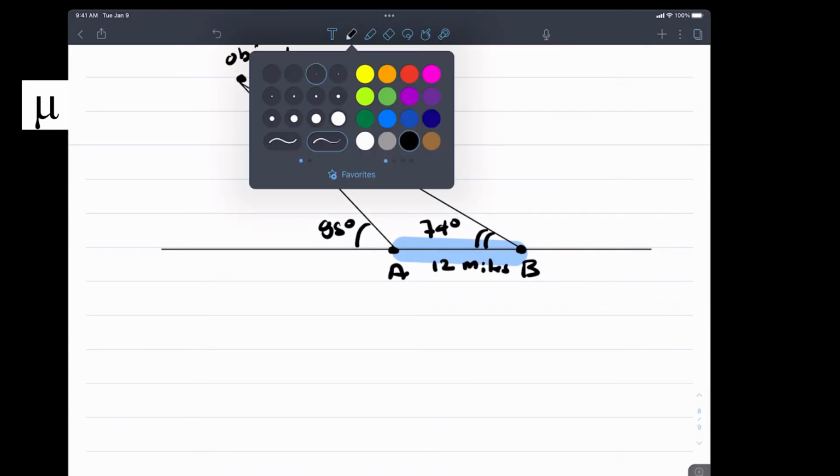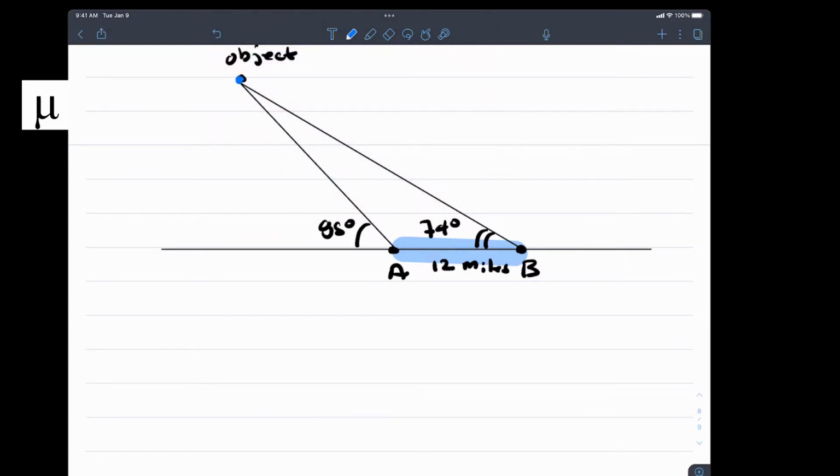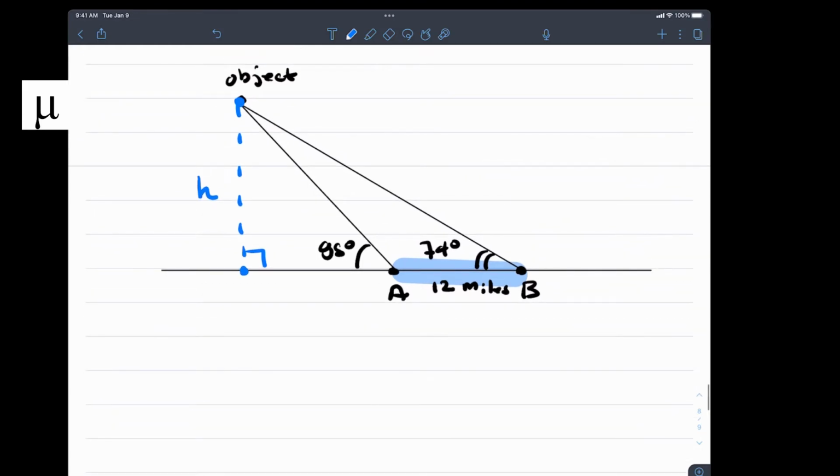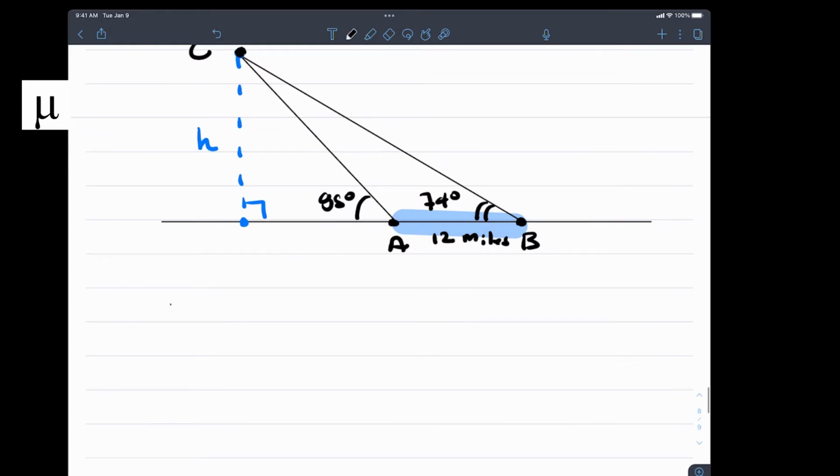What they want to know, I'm going to draw this line here. Let's call it this here C. Okay, here's C. They want to know this.